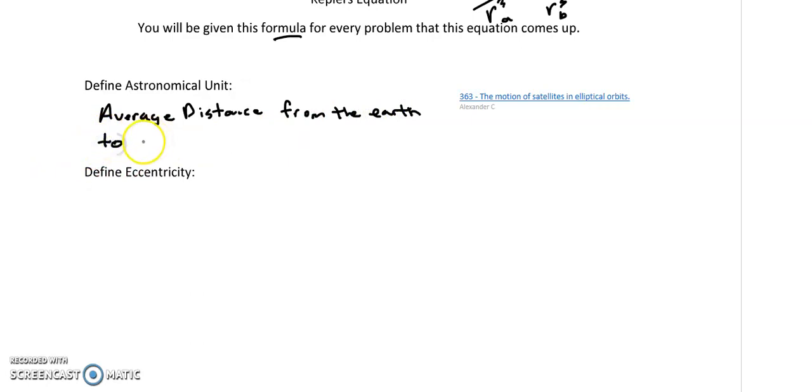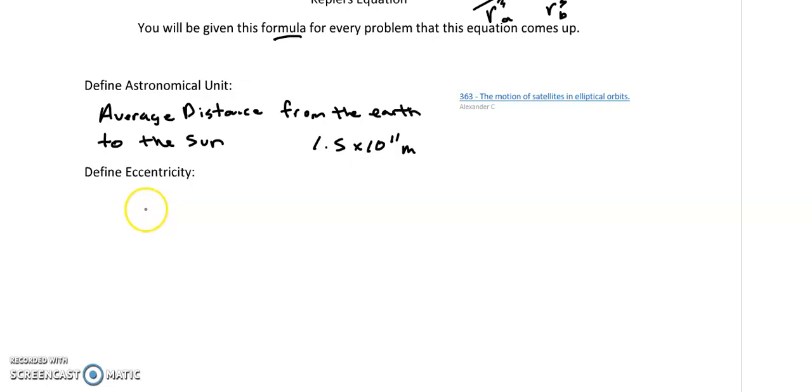Now, again, we say average because, again, it's oval. It's that elliptical shape, and so it's not always going to be the same. The number here is 1.5 times 10 to the positive 11 meters.